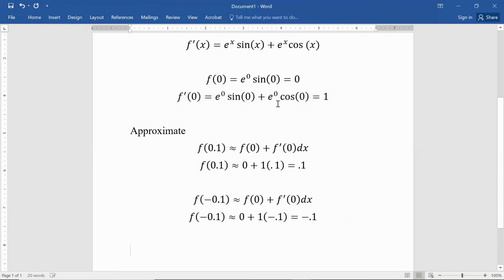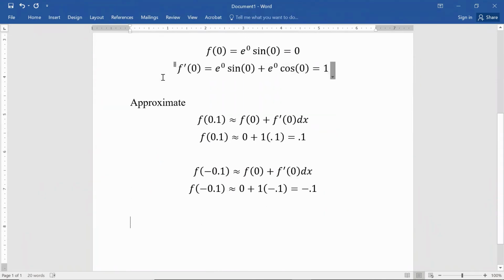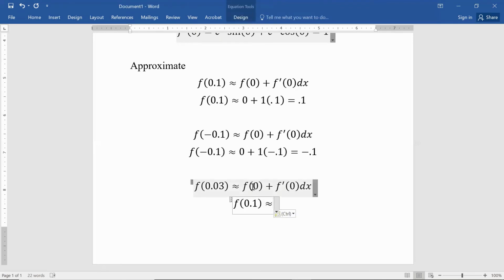The last function value we're trying to approximate is f of 0.03. Once again, I take f of 0 plus f prime of 0 times the differential. In this case, it's going to be 0 plus 1 multiplied times 0.03, or 0.03.